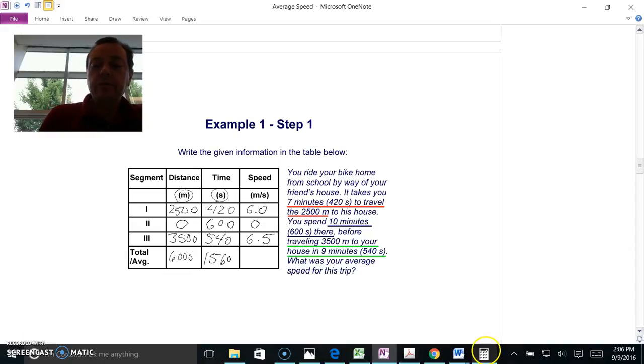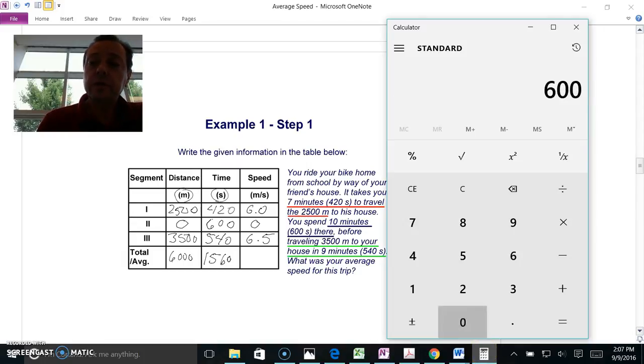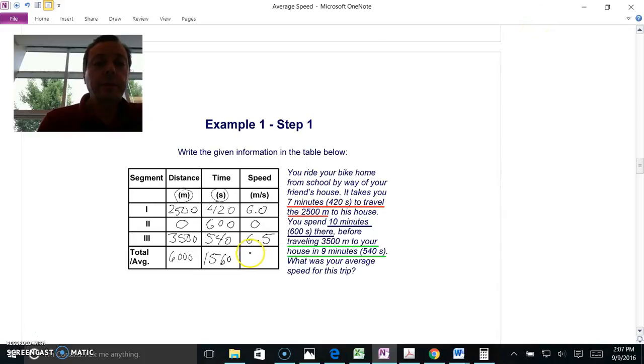Now let's see what the average is. So that would be 6,000 divided by 1560. And that's going to be 3.8 meters per second.